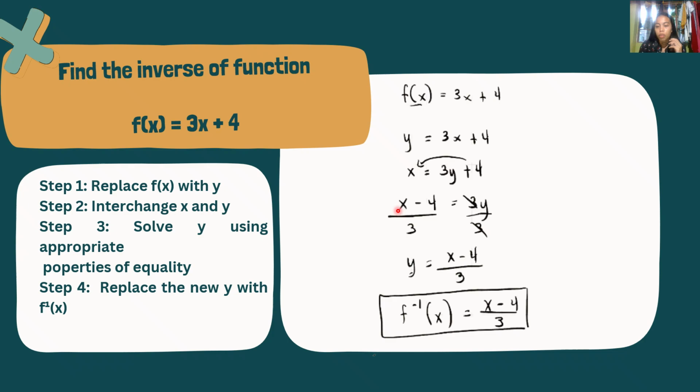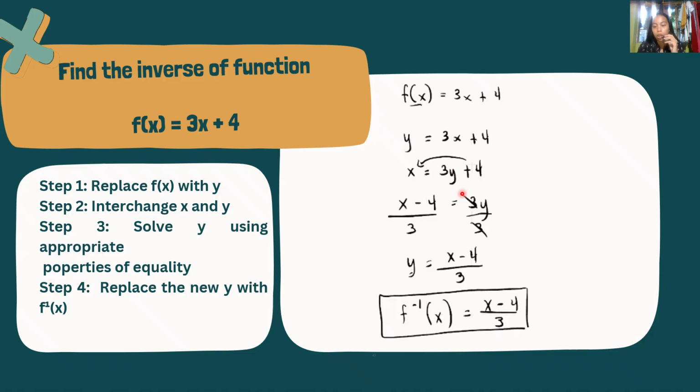So next, step 3 is the main algebra. We solve for y. We need to isolate the y variable by using the appropriate properties of equality. So starting with x is equal to 3y plus 4, first we subtract 4 from both sides to get the term with y by itself.